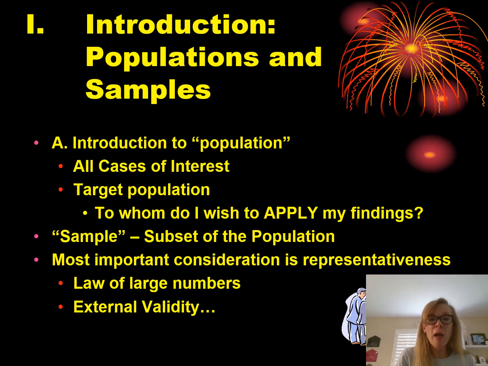So, a couple of other considerations when you're thinking about representativeness. One is called the law of large numbers. The law of large numbers is something that you should keep in mind when you are making a determination about how big a sample you want, how many resources and how much time do you want to invest in acquiring people to participate in your project.